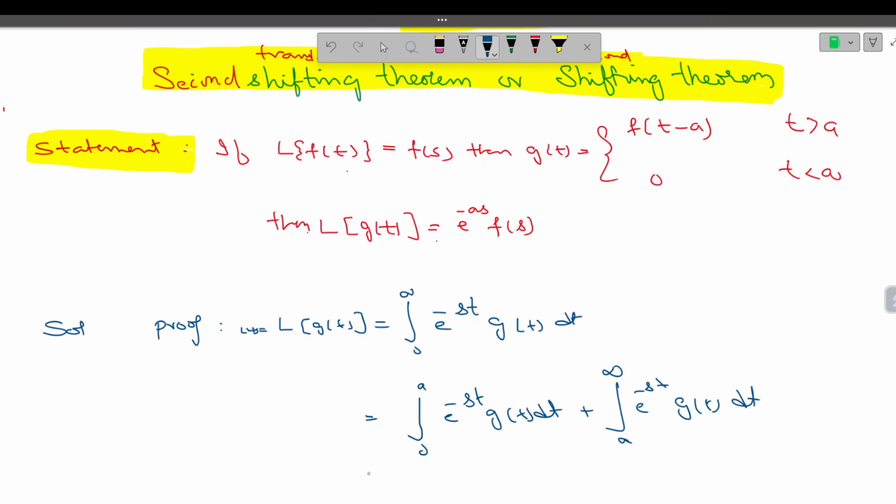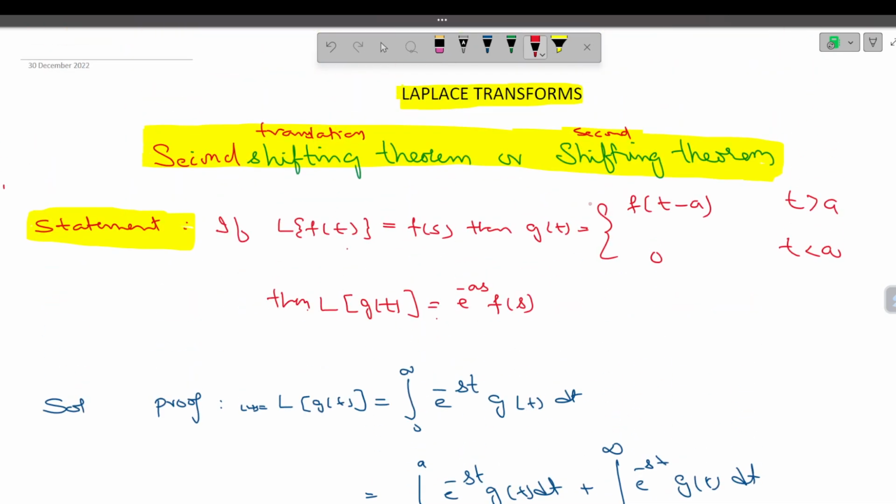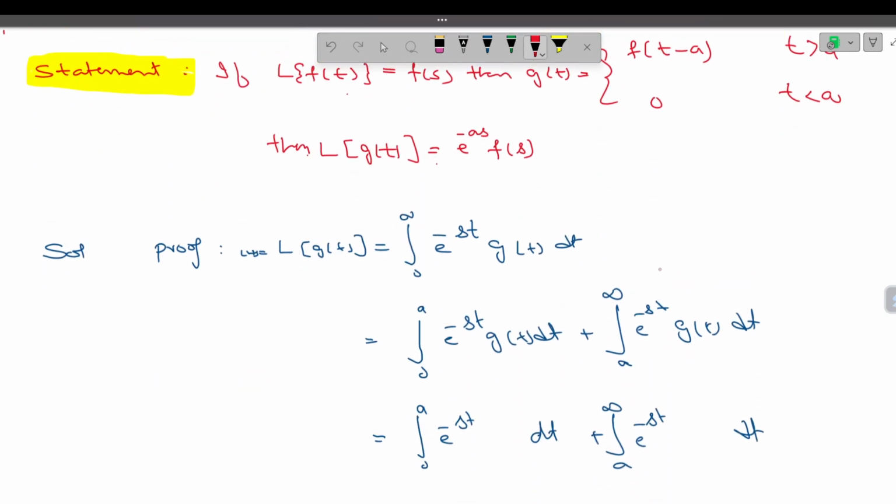Now the second part. Let me write down the second part: a to infinity of e to the power of minus st g of t dt. What is g of t when t is less than a? It is 0.